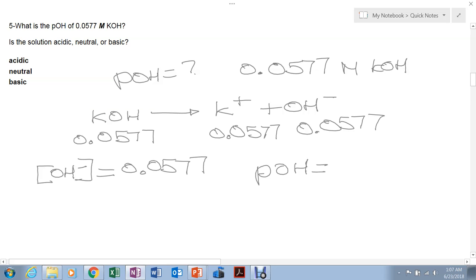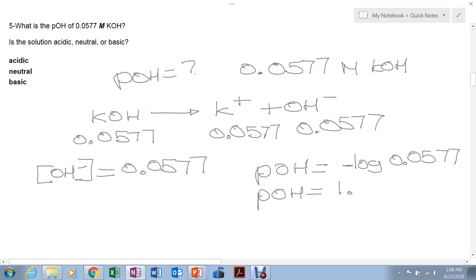This is going to be minus the log of 0.0577, and it's going to be that the pOH equals 1.24.